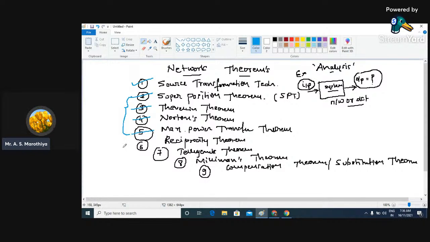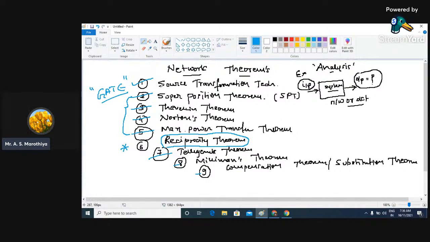Then some weightage is also given to the reciprocity theorem. In previous GATE years, we have had some numericals based on the reciprocity theorem also. But apart from that, Tellegen's theorem, Millman's theorem, and the compensation theorem have very little weightage as far as GATE is concerned. Because we are preparing for GATE, our objective is to focus on the topics which are most frequently asked.